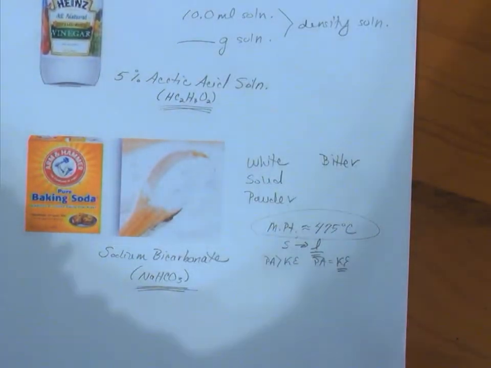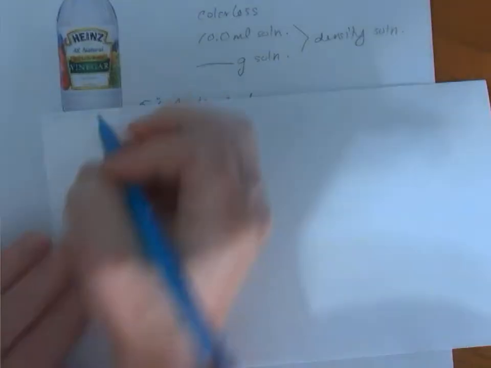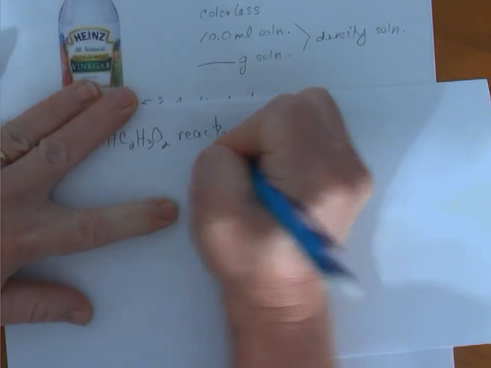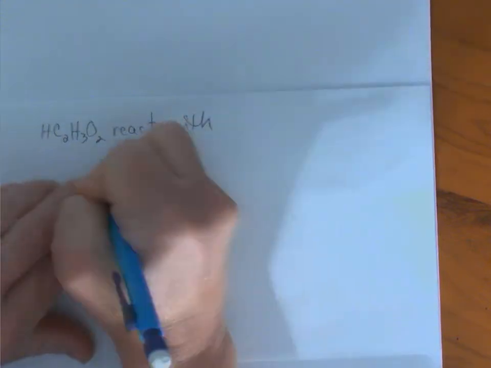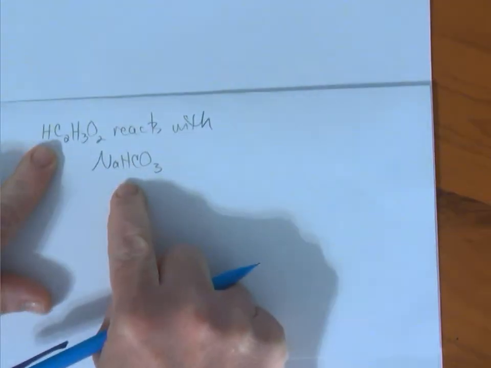But if we would say something like, acetic acid reacts with sodium bicarbonate. Now, we will get to know chemical formulas shortly.